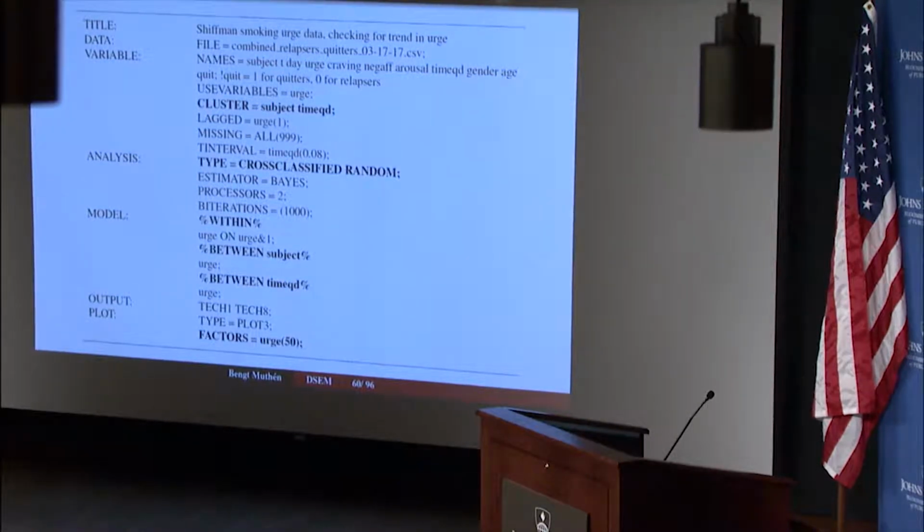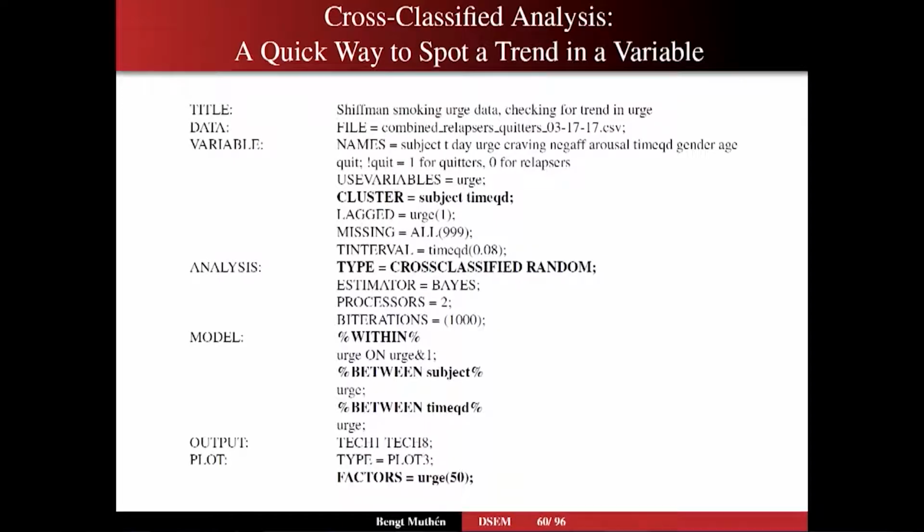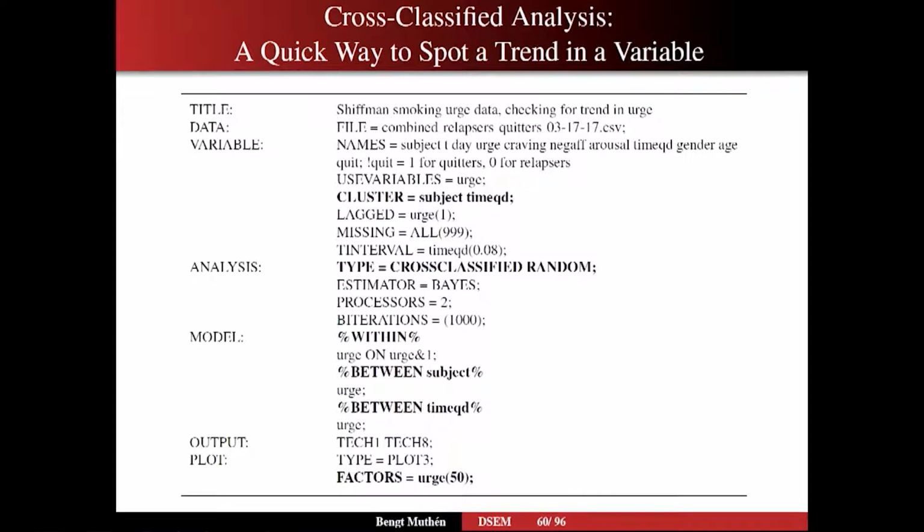T interval is the same. Analysis type is now different: cross-classified, random. Estimator still base, processor still 2, B iteration still, in this case, 1000. And now we have within, between subject, and between time. So here we have, for simplicity, a fixed autoregressive relationship. And then we have a variance component for the intercept varying across subject and varying across time.